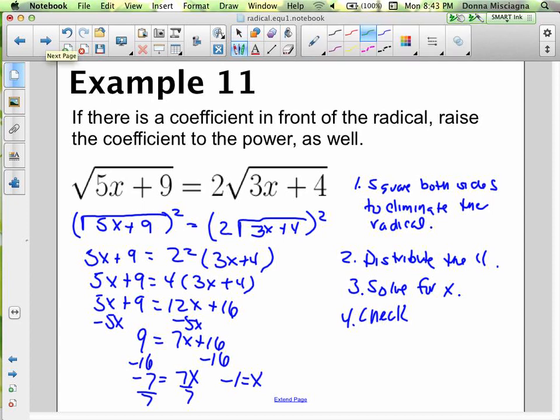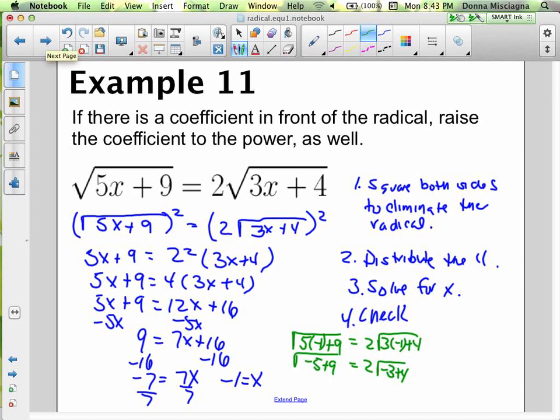So we have the square root of 5 times negative 1 plus 9 equals 2 times the square root of 3 times negative 1 plus 4. That's going to give us negative 5 plus 9 equals 2 times negative 3 plus 4.